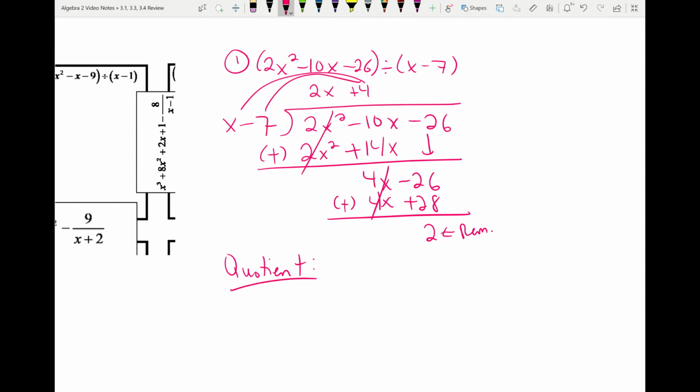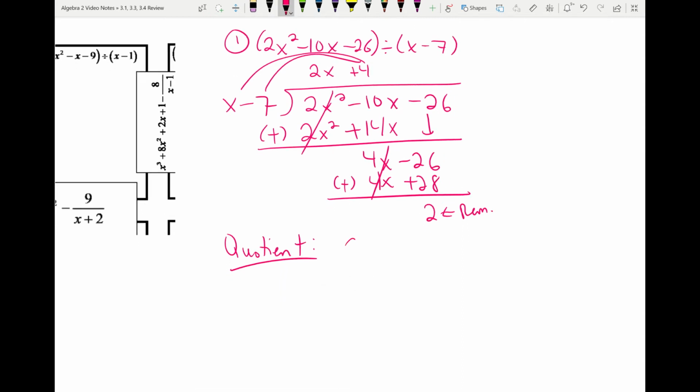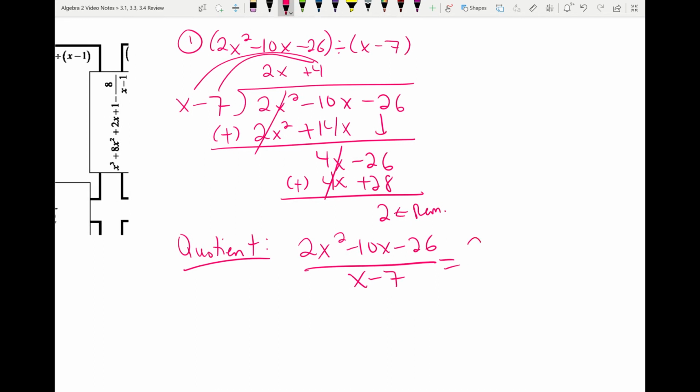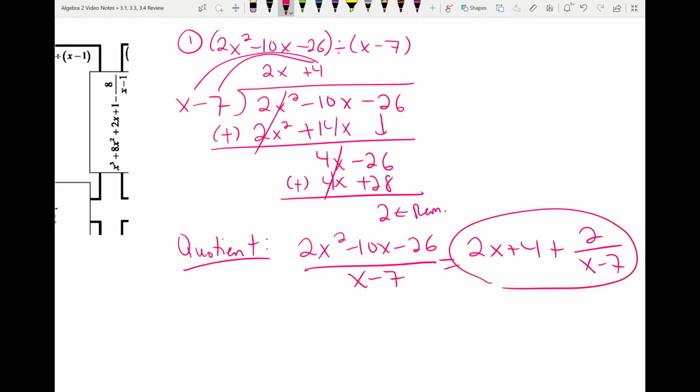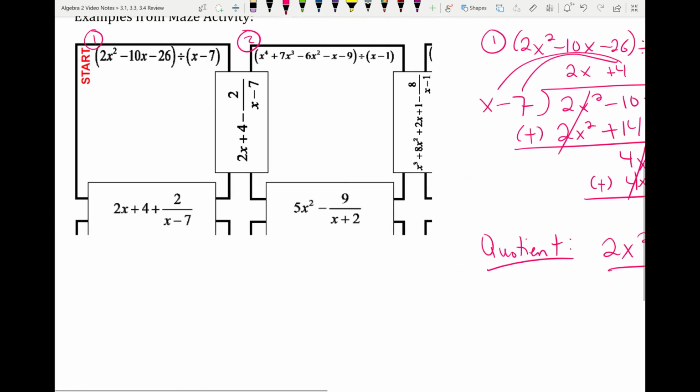So to do this in quotient form, we have dividend over divisor equals quotient plus remainder over divisor. So this is the part that they want you to match up in the maze: 2x plus 4 plus 2 over x minus 7. So it looks like this one's correct. So you're going to be traveling that way in the maze.